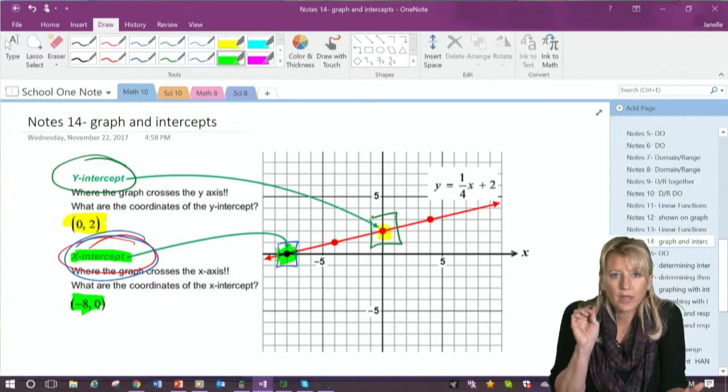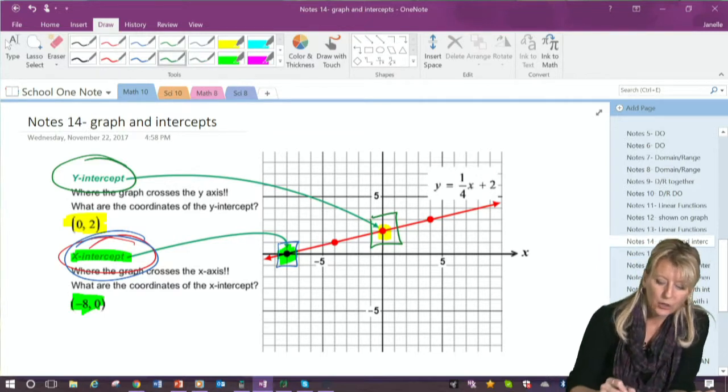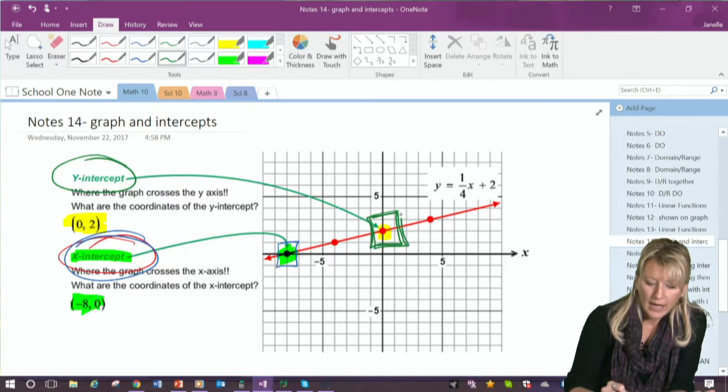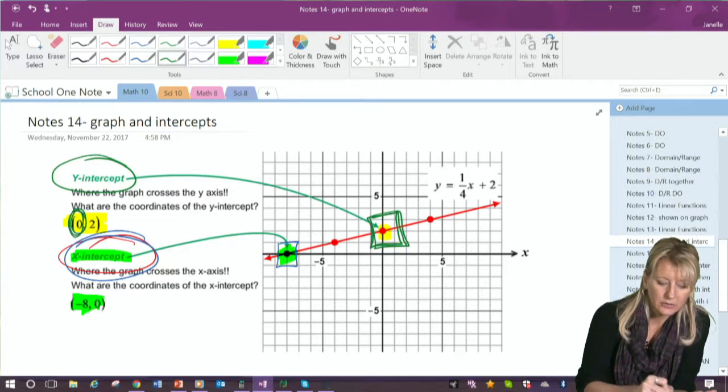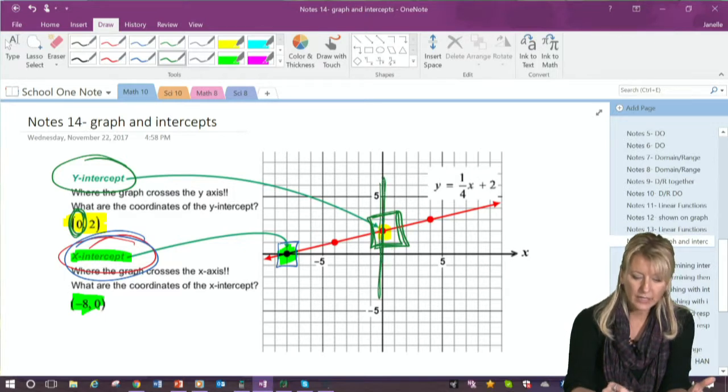Yeah, they both have zeros in there. So, when it crosses the y-axis, x is 0, because it has to be. On this line right here, x is 0.